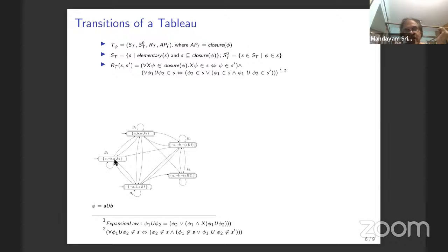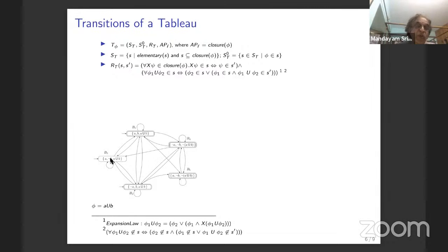This is a state which is locally consistent, yes, but it's not clear if eventually not B will ever hold. Here it is fine. It is not violating A until B, but this depends on the future states, on the paths originating from here.